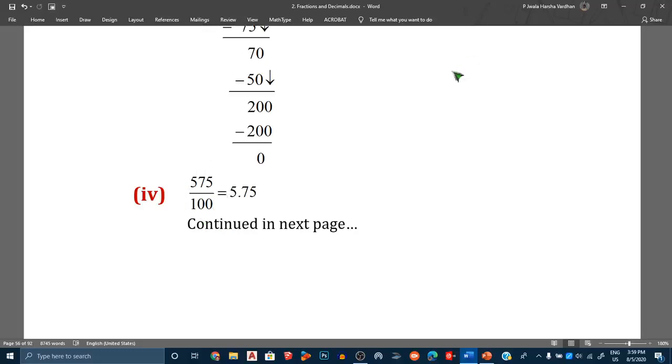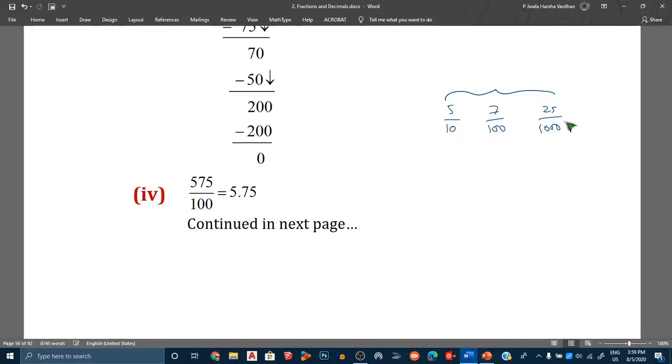For example, here 5 by 10 is there. The denominator is a multiple of 10. Next 7 by 100 is there, which is a multiple of 10, 100. Next 25 by 1000, this denominator is also a multiple of 10. These types of fractions are called decimal fractions.